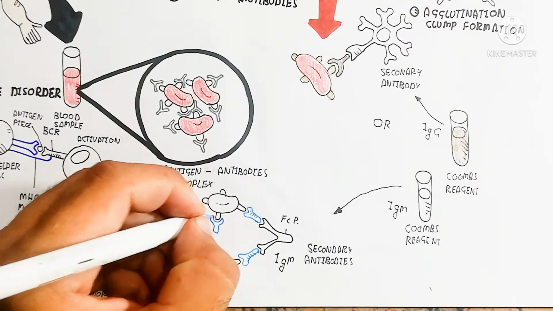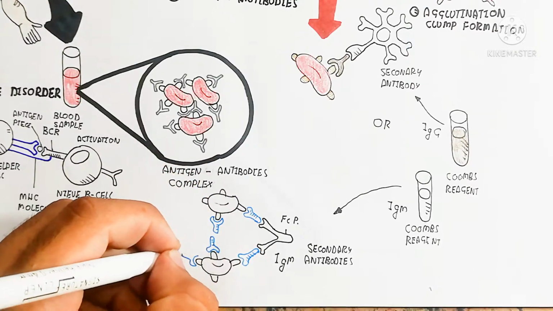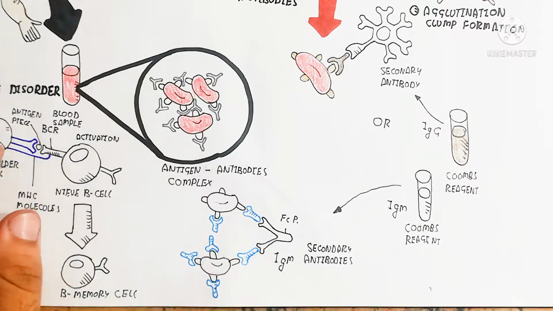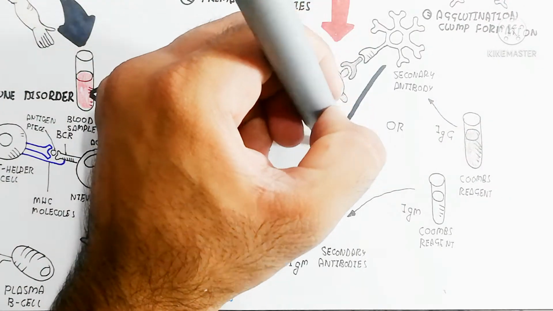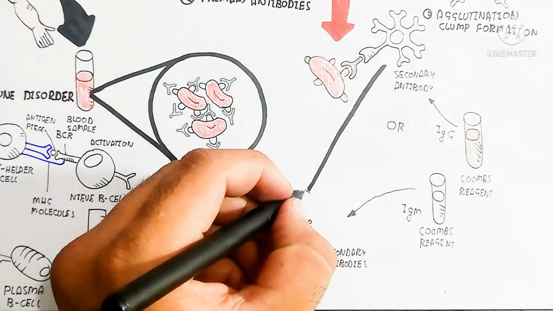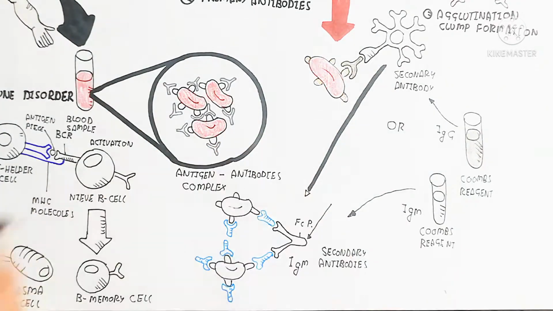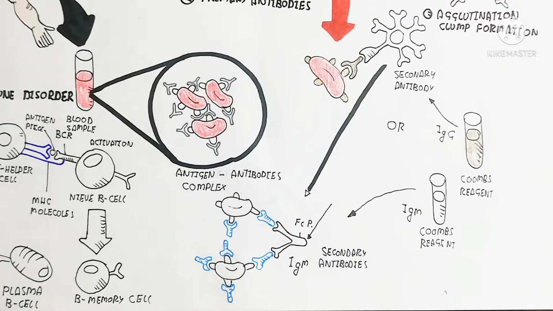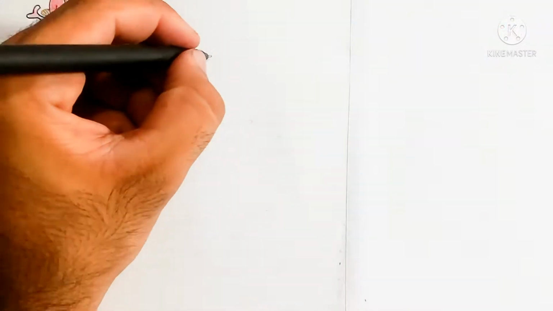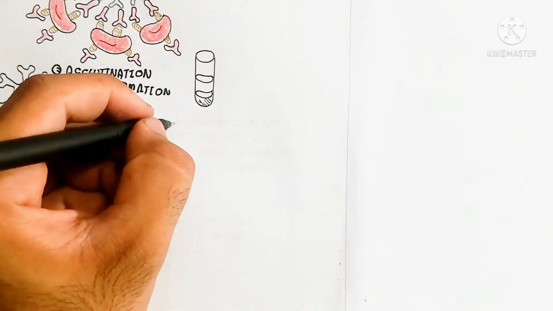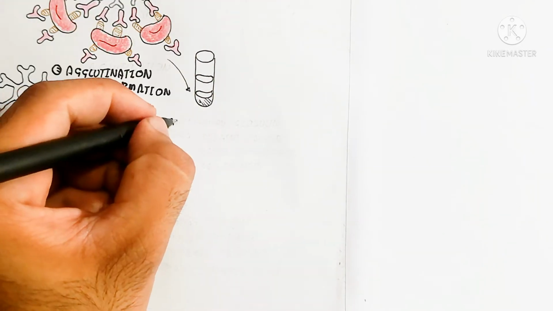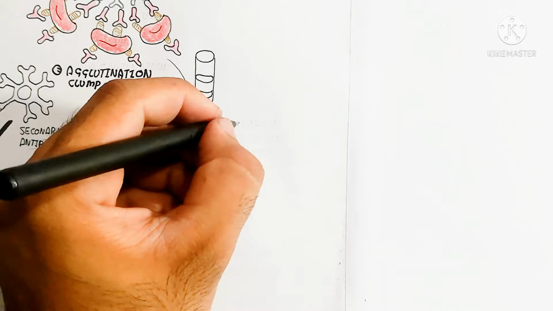So it means clotting will also occur, agglutination will also occur. But that agglutination is much less prominent as compared to IgG. So here we can add more secondary antibodies, which is the IgG. So this IgG can enhance the reaction.